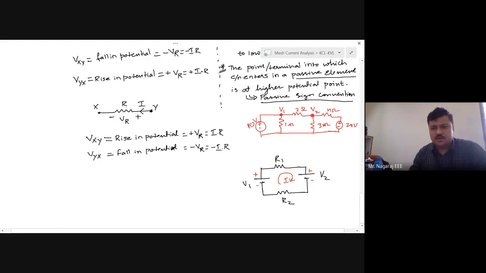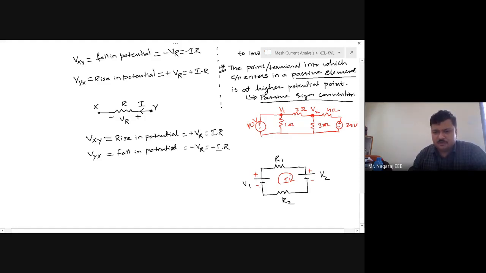So to assign polarity across passive elements, I have to assign the direction of current through them, and initially I simply assume the direction of current in any element. Irrespective of the direction of current, the polarity of active elements will remain the same. Whether current flows into V1 or into V2, the polarities are fixed because these are sources.